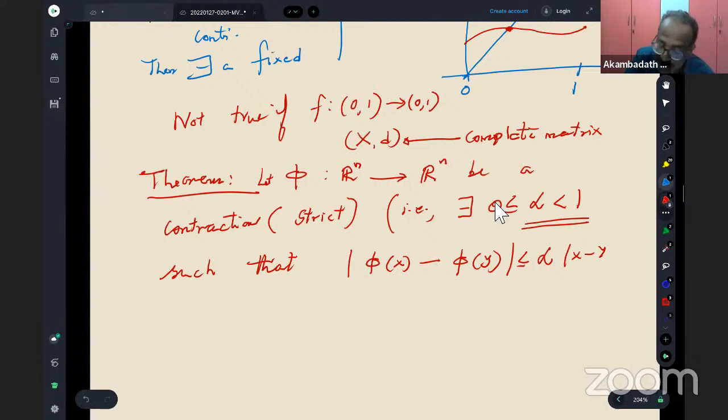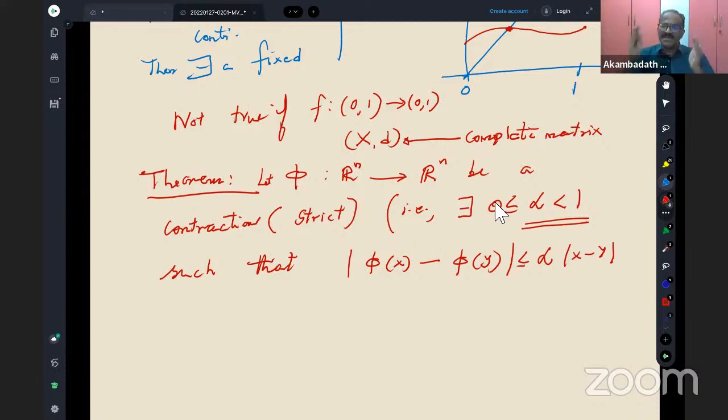In the case of metric spaces, just replace that by d of phi x, phi y less than or equal to alpha into d of x, y. So absolutely no difference in the proof or anything. So that's the assumption. It's a contraction map.